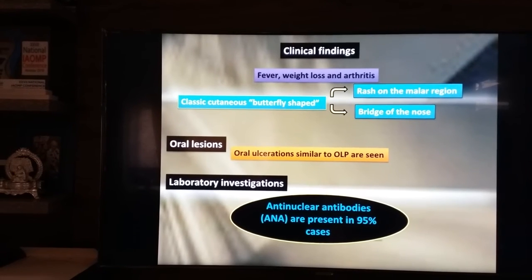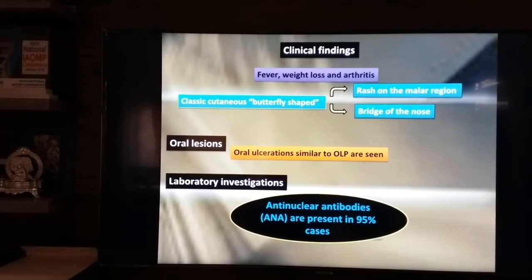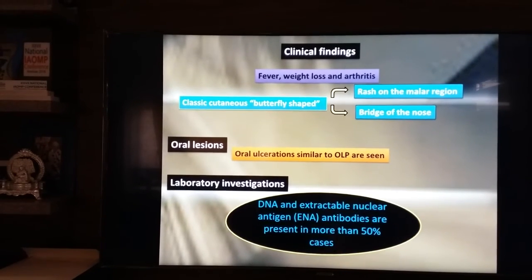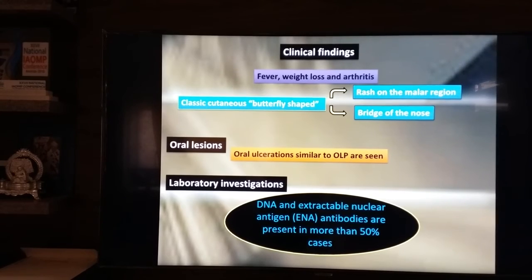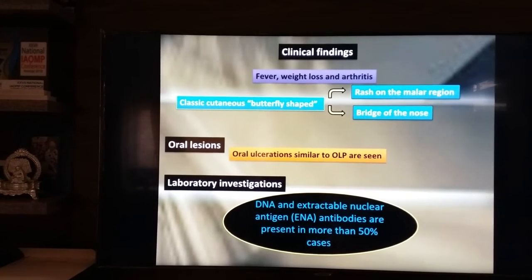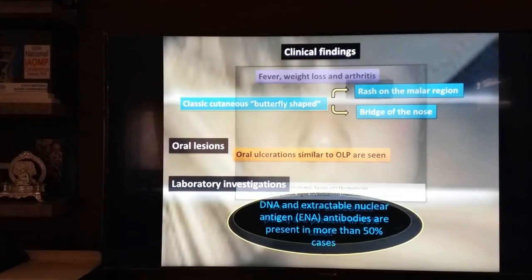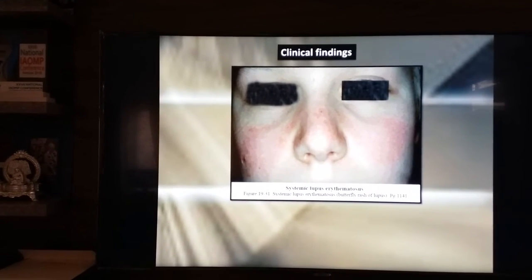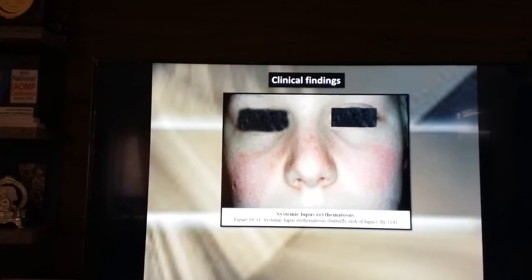You can even find anti-nuclear antibodies, ANA, present in 95% of the cases. Extractable nuclear antigen, ENA, antibodies are present in more than 50% of these conditions. Here is a butterfly type of lesion, which is a characteristic feature of lupus erythematosus.